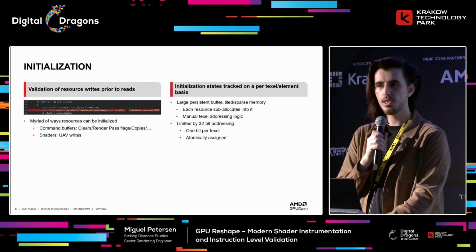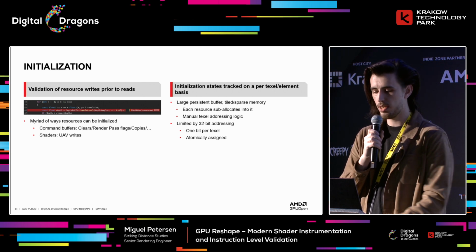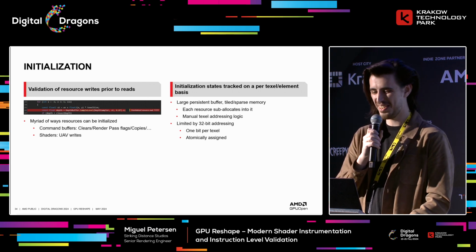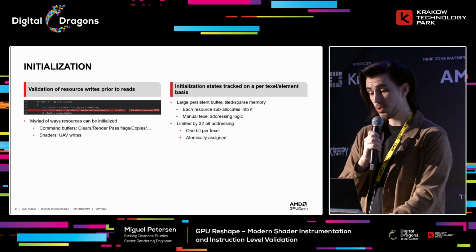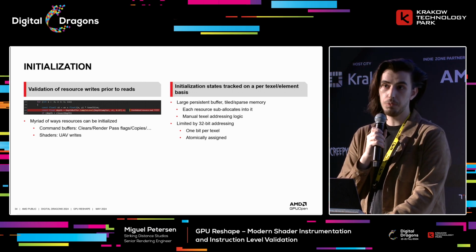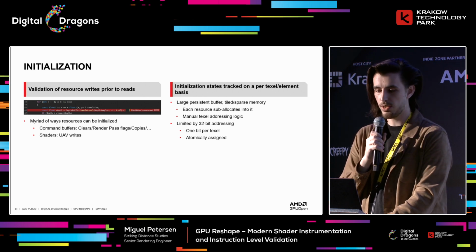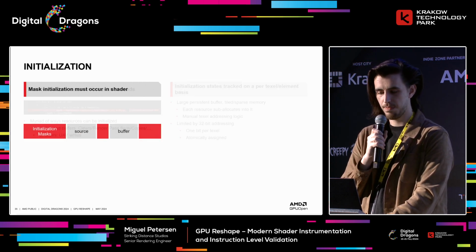And the resources essentially sub-allocate into this buffer with very carefully managed addressing logic, which we have to write in software. And that's an interesting problem space. And we're also limited by typical 32-bit addressing, but this is greatly helped by the fact that we keep it 1 bit per texel, meaning initialized, uninitialized, and then a bit of atomic addressing to keep things thread safe.